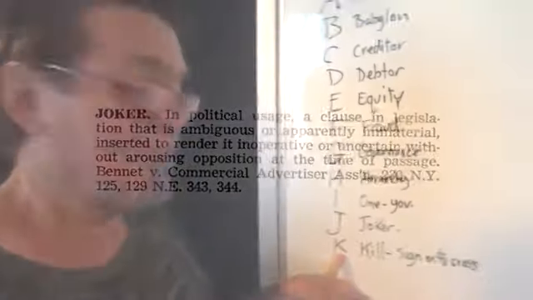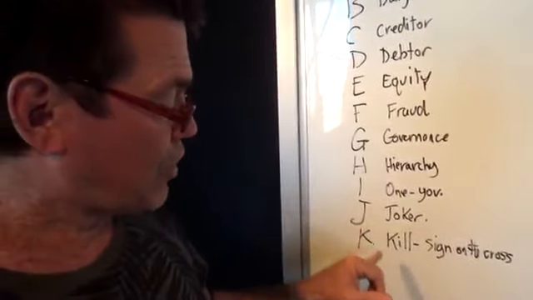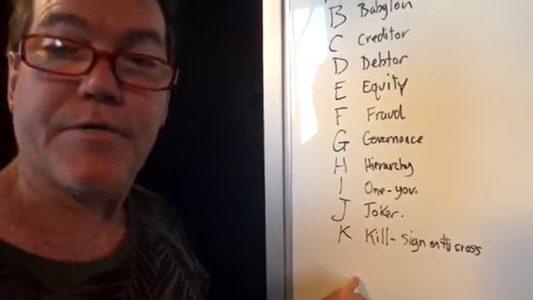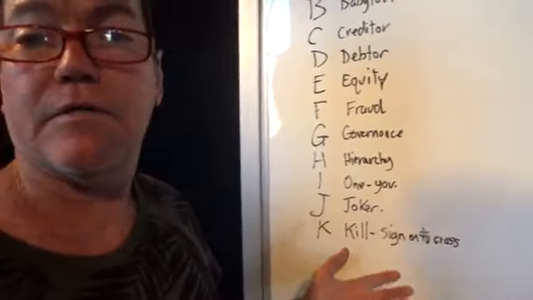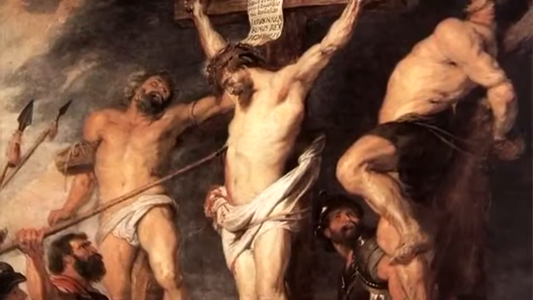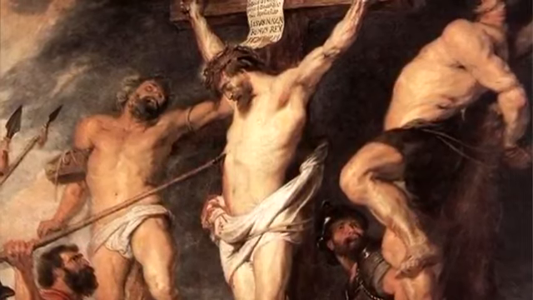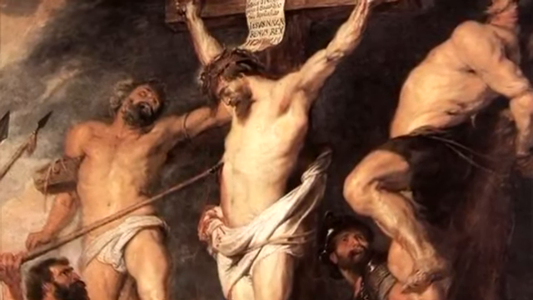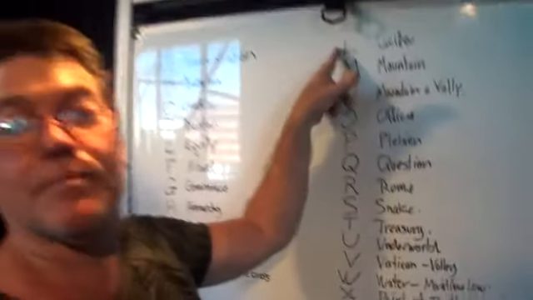The K is funny because it's like a cross cut in half with a line down the middle of it. K is kill, and killed on the cross. And it's strange because we'll go over to the cross. We'll get to that and I'll explain what's going on there. L, Lucifer.